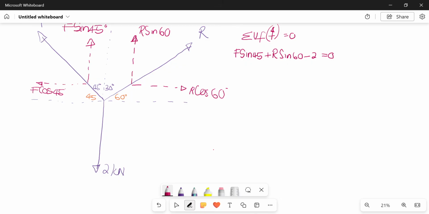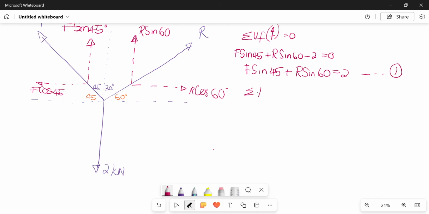Then that will give us equation number 1. Okay, that is equation number 1.